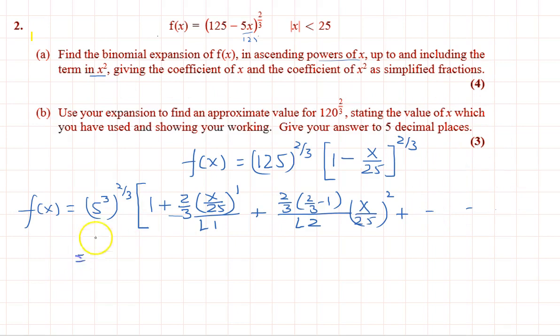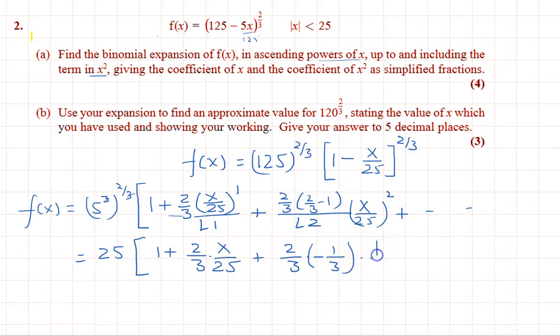So the 3 and 3 cancel, so this is 25 times 1 plus 2 over 3 and x over 25, plus 2 over 3 times (2 over 3 minus 1, which is minus 1 over 3), 1 over factorial 2 is 1 over 2, times x square over 25 square, which is 625. We have to write ascending powers up to and including x square only.